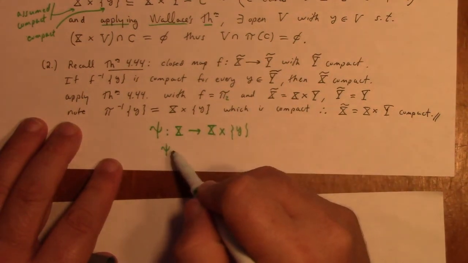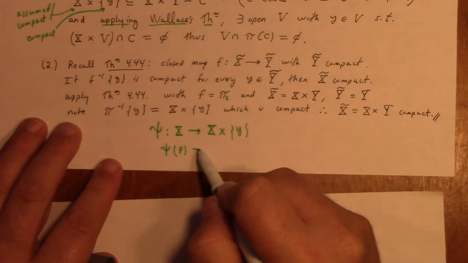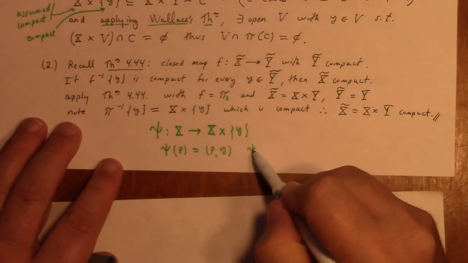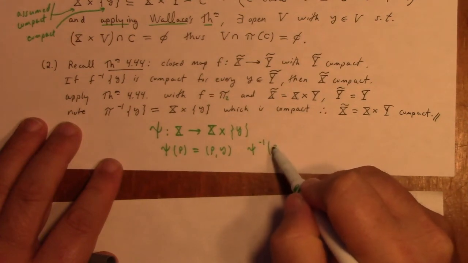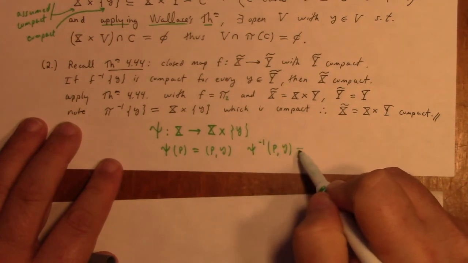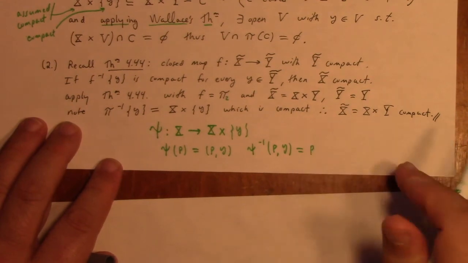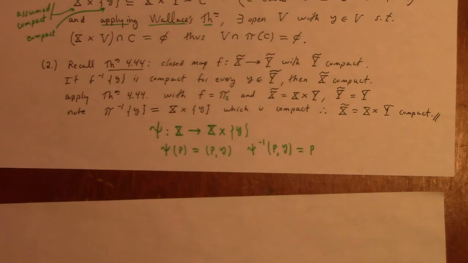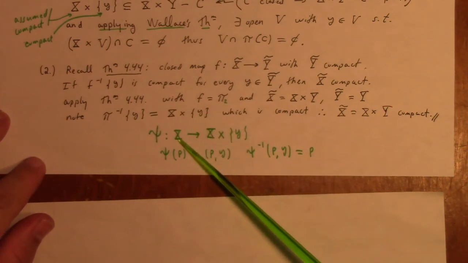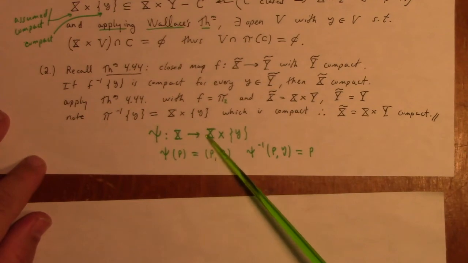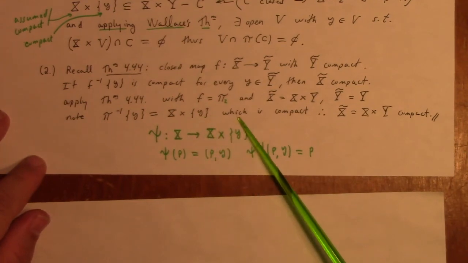So psi of a point P in X is simply mapped to P comma y, and psi inverse maps a typical point P comma y back to P. I probably could write that in terms of pi 2 anyway, but let me leave it at that. So clearly X and X cross the singleton y are homeomorphic, and X is compact, so this is compact, which is my claim.